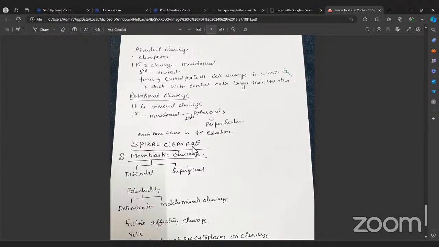In this, it will come as a major question, ma'am. This cleavage is definitely a major question. Major question means it's a favorite. In any of the examinations you see, cleavage they will definitely ask.